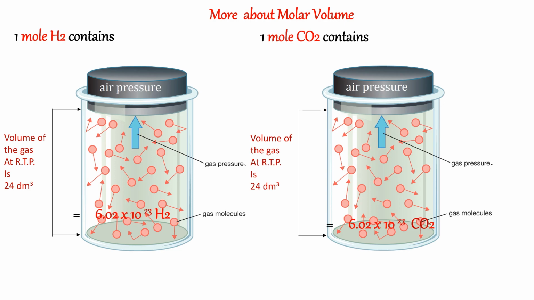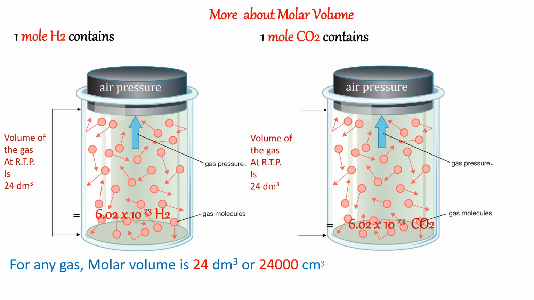Interestingly, this is also 24 dm cube. So molar volume of hydrogen is 24 dm cube, and molar volume of carbon dioxide is 24 dm cube. What do you get? For any gas, molar volume is 24 dm cube or 24,000 cm cube if this is measured at 25 degrees Celsius and 1 atm pressure.